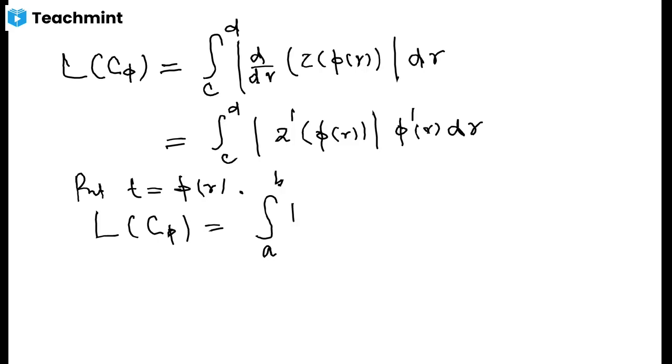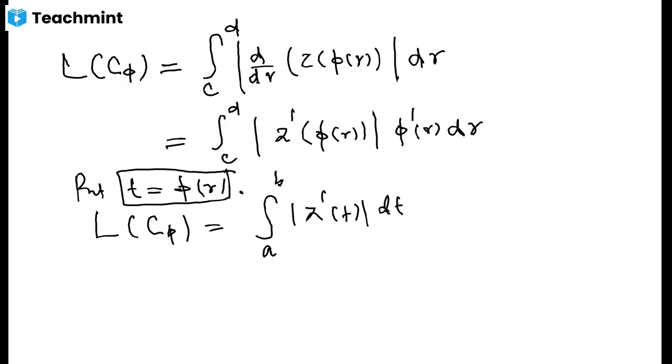And you will have the derivative of z at t times, what is this? This is d of t. Look, dt is nothing but the derivative of phi times dr. But look at the right hand side now.